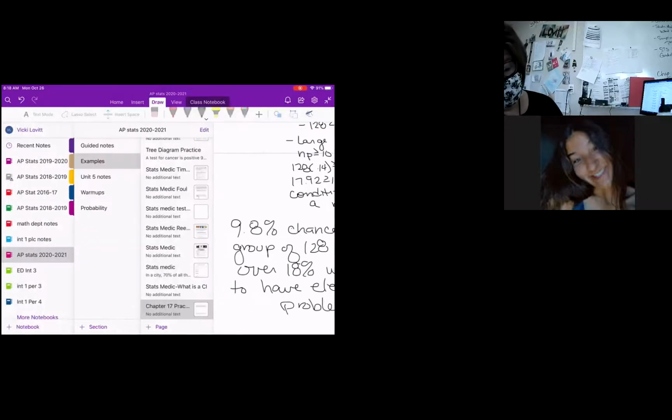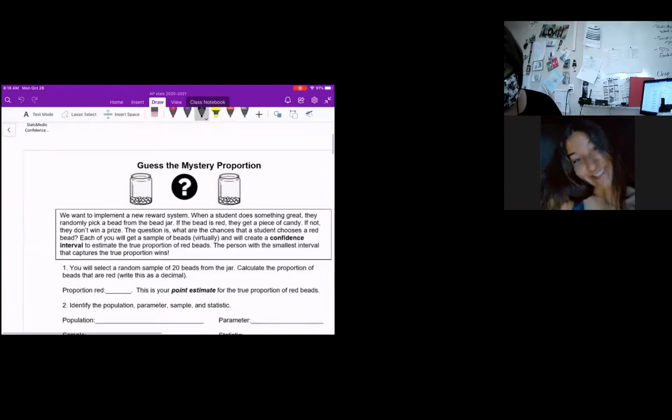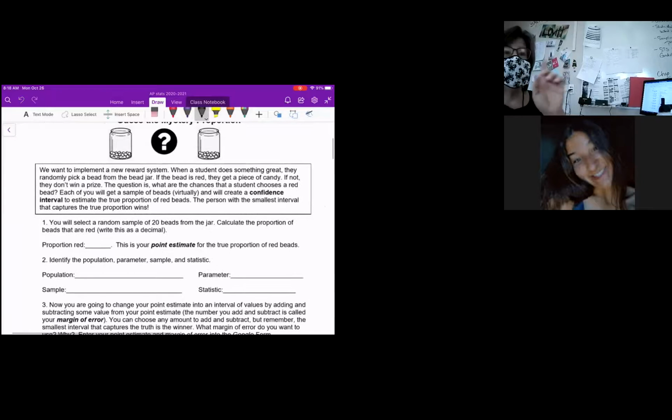All right. Okay, so let's do Stats Medic. Guess the mystery proportion. I sent an email to each of you yesterday for the Stats Medic for today, in which it gave you how many red beads were in your jar. My printer's going out, the ink in my printer's going out, so we'll put prints.